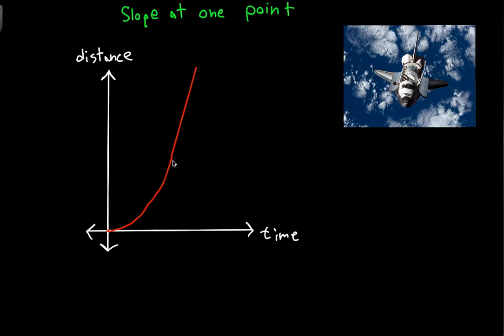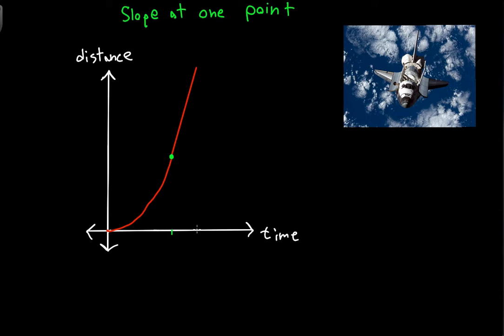But what just happened here? At this moment, we shut off our engines. And then we started traveling in a straight line. And our speed was constant during this time after we shut off our engines.